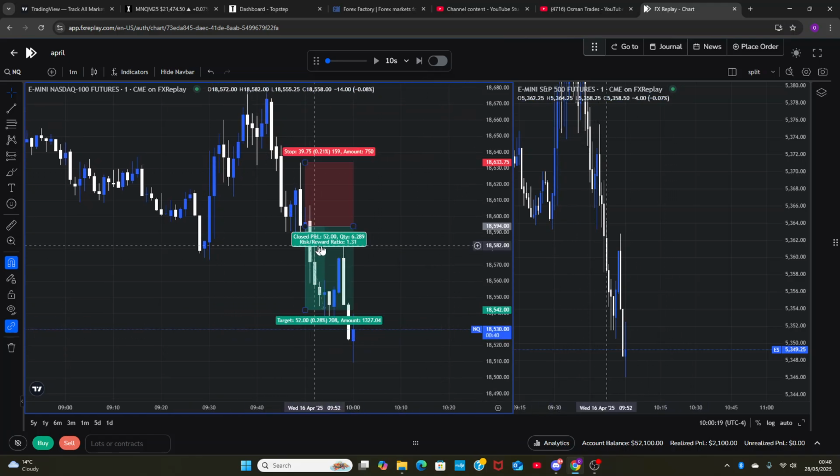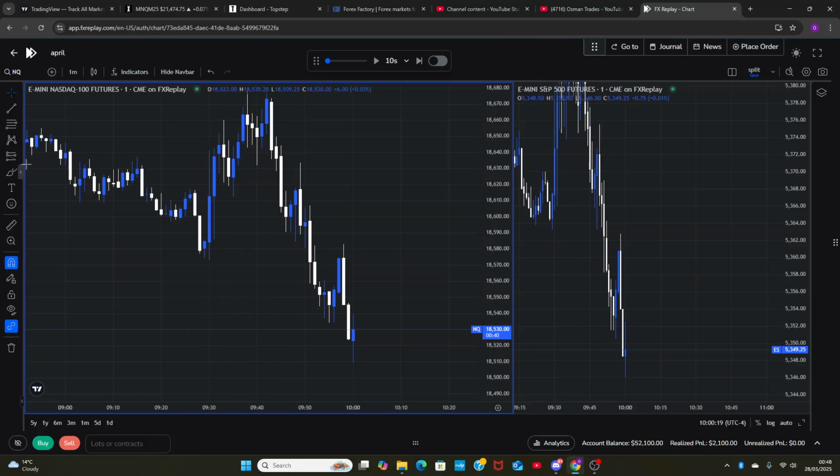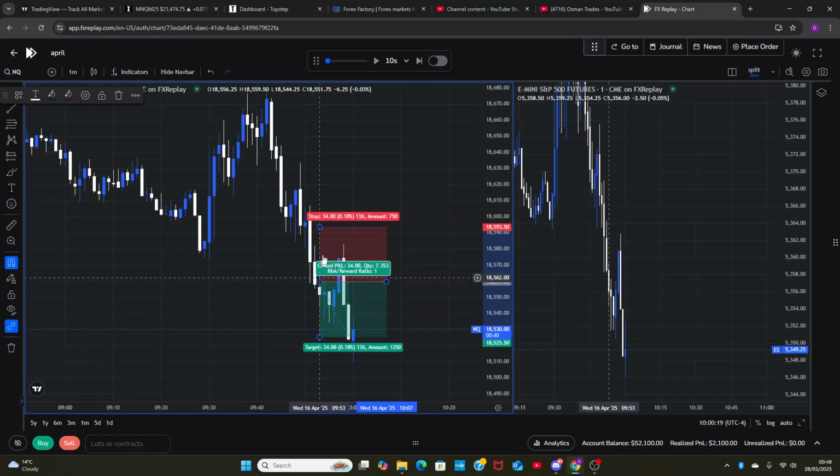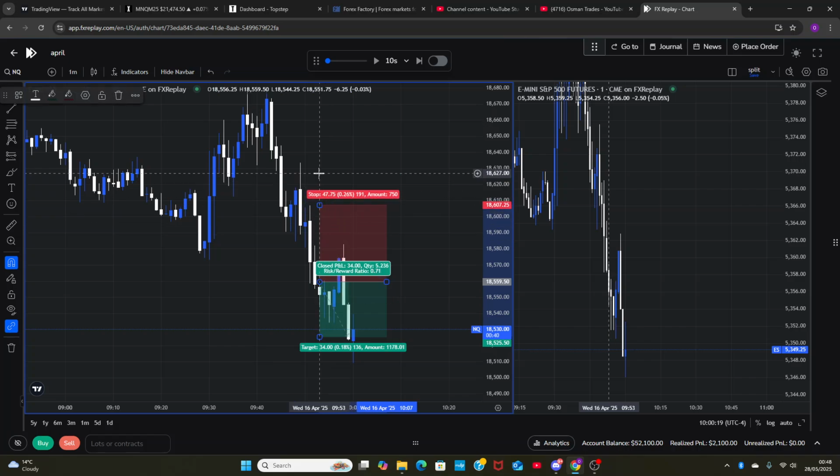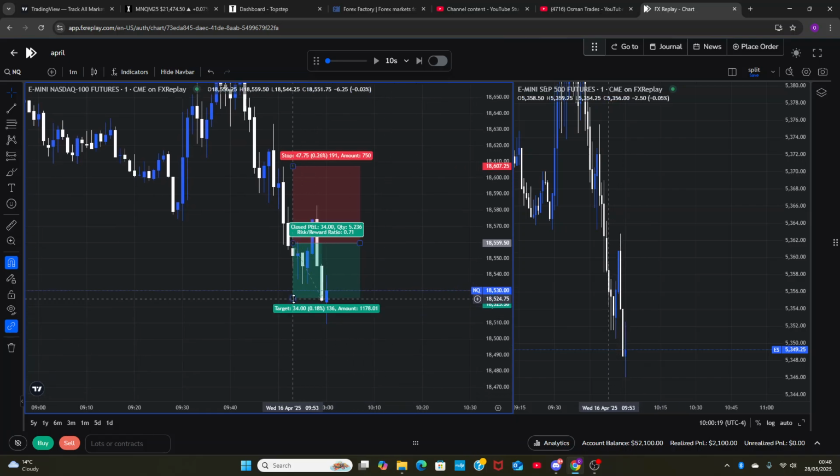The PXL got retested. So let's say you entered off this PXL here and you just see price respecting it. You'd enter off here, but you would pick your stops above here. Over here is kind of risky because look, you got stopped to the tick. So over here is good, and then you'll trail and you target your 50 again.